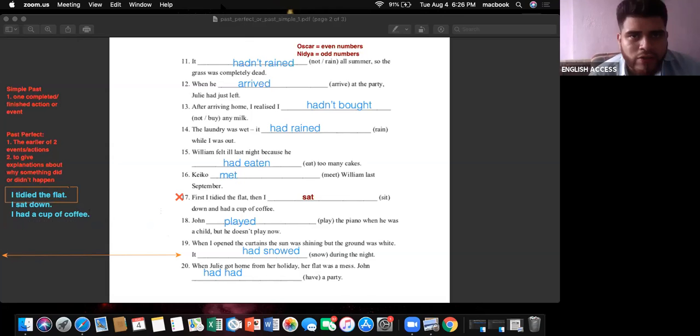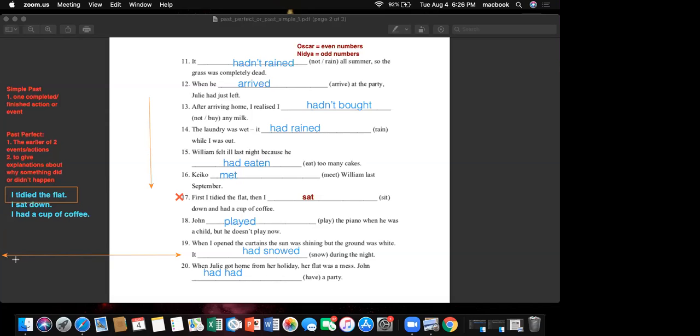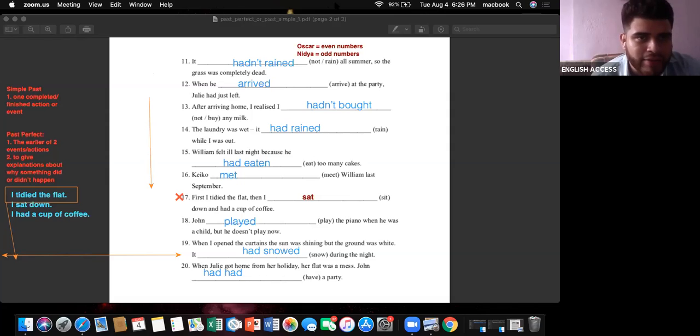Okay, so we can put that right here. I tidied the flat. Boom.